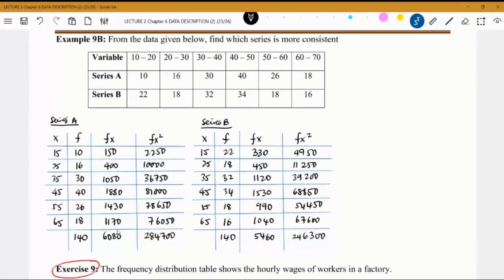So directly we can find the summation. Since the question asks which series is more consistent, it's all about standard deviation. So you have to find the standard deviation for A first. So we have the square root of 284700 minus 6080 square divided by 140, divided by 139.